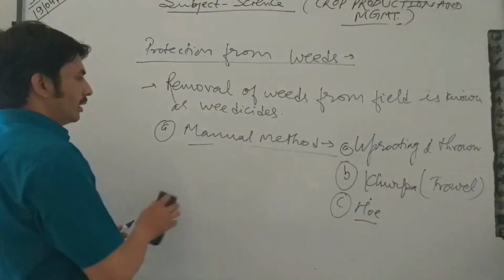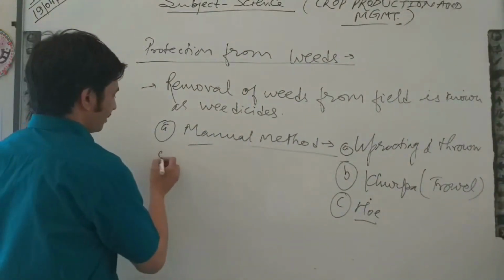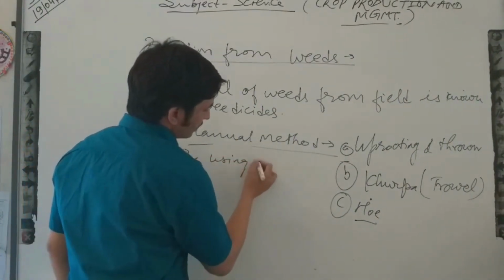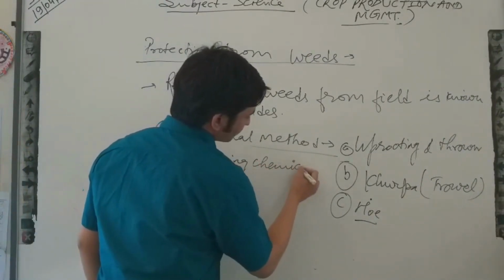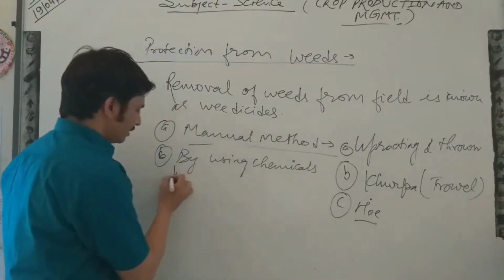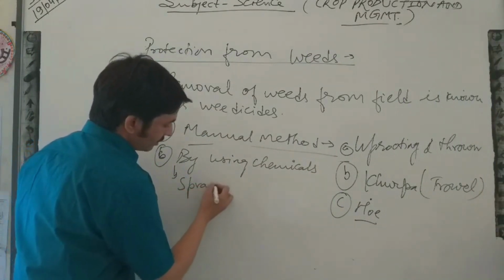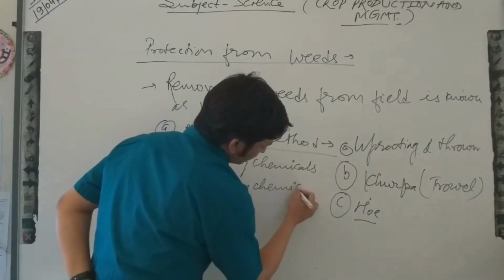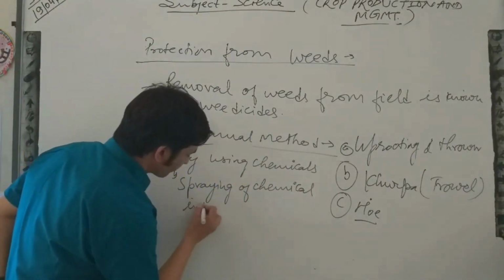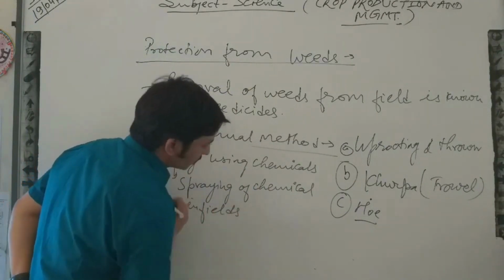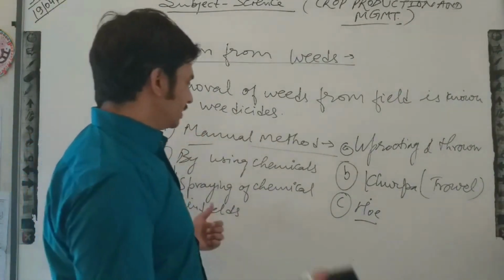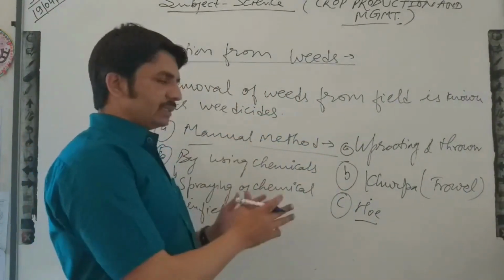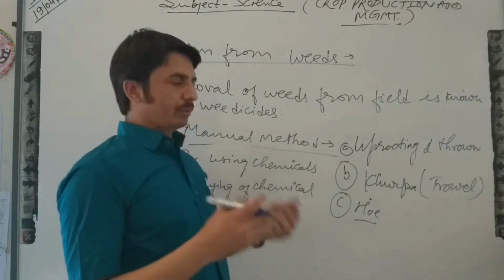Now the next method is known as chemical. In this method we will spray chemicals in the fields. If we spray chemicals in the fields, these chemicals will attack the weeds and the weeds will be removed from the field.